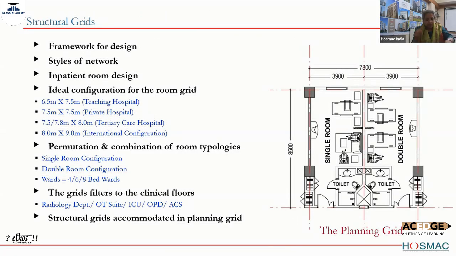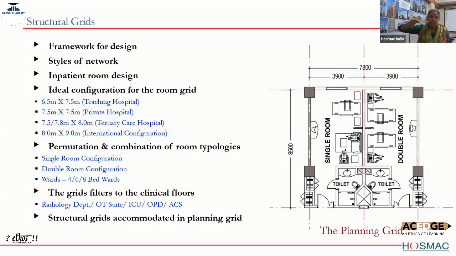This is very important. Structural grid. It takes a lot of experience to develop a grid which is favorable to hospital designs. Now again, from experience, this is coming to you that the inpatient room, which is right on top, decides the grid, always. There's no other factor.